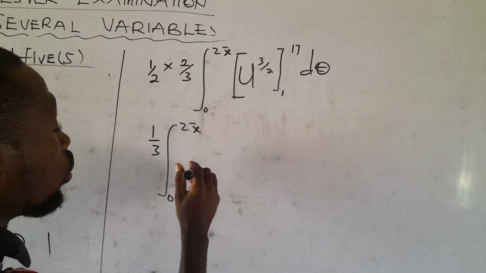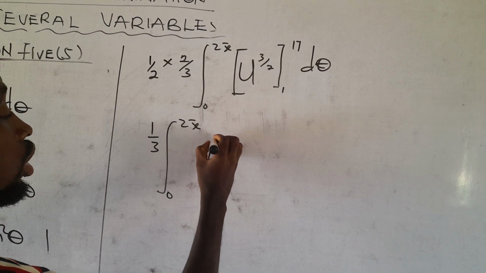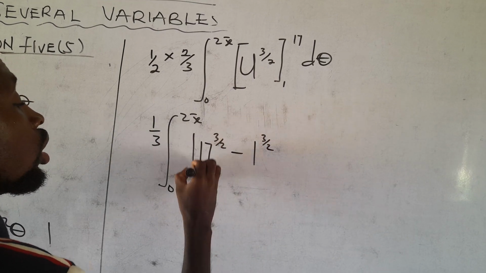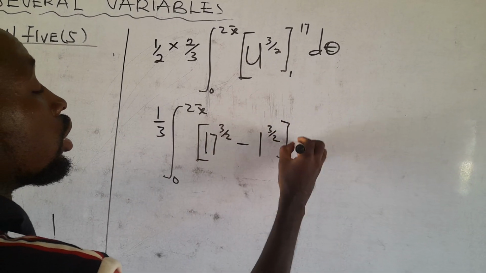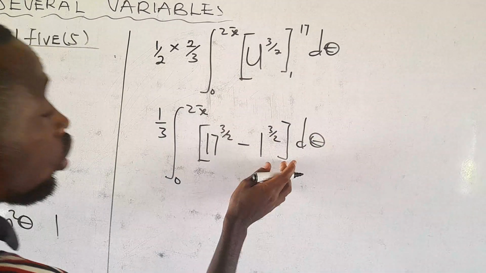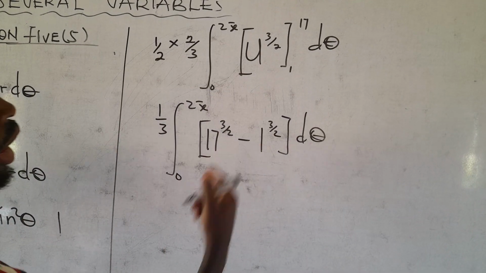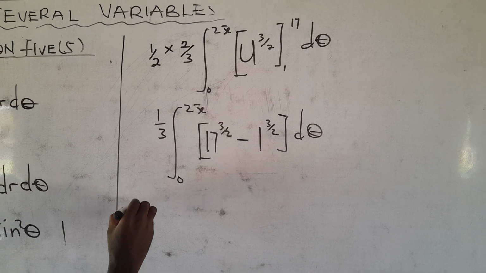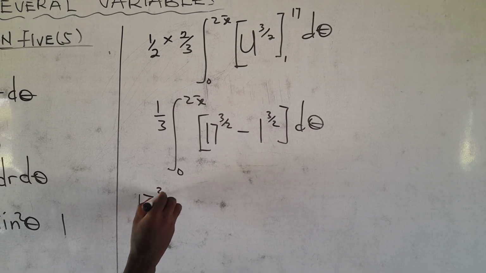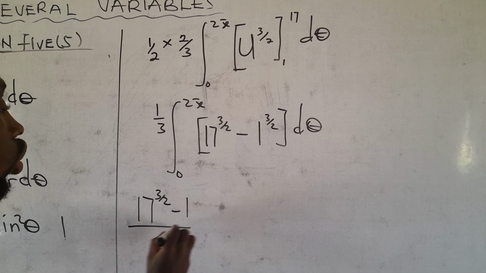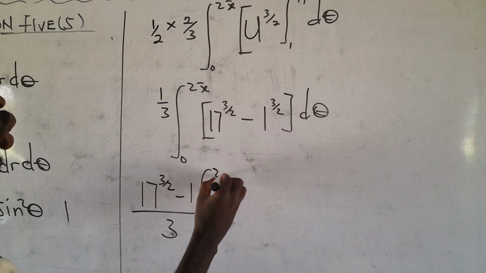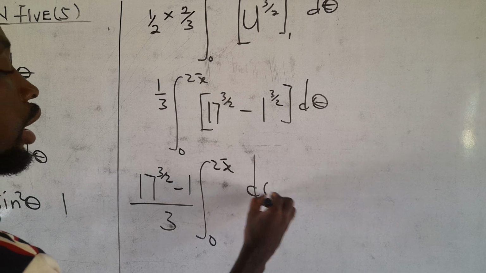Then we substitute 17 exponent 3 over 2 minus 1 exponent 3 over 2, then d theta. Since this is constant, we can bring all of them out. Remember, 1 exponent any number is still 1. So we have 17 exponent 3 over 2 minus 1, all over 3, bringing that out, integral from 0 to 2 pi d theta.